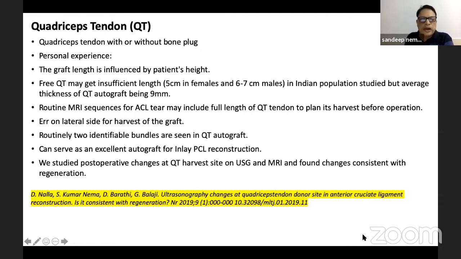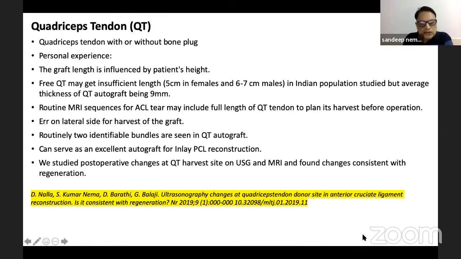And routinely you will have two identifiable bundles which are separated with a layer of fat, and it can serve as an excellent autograft for inlay PCL reconstruction. We have done a couple of them, and our experience is very good.